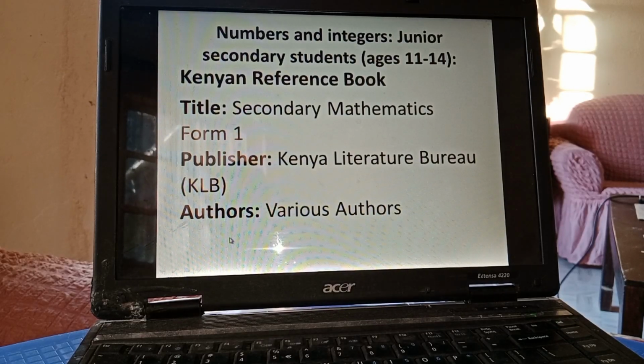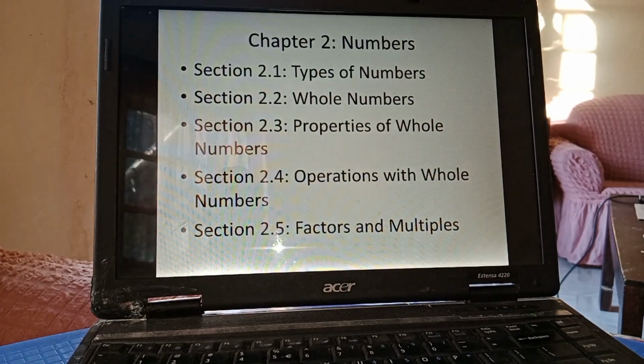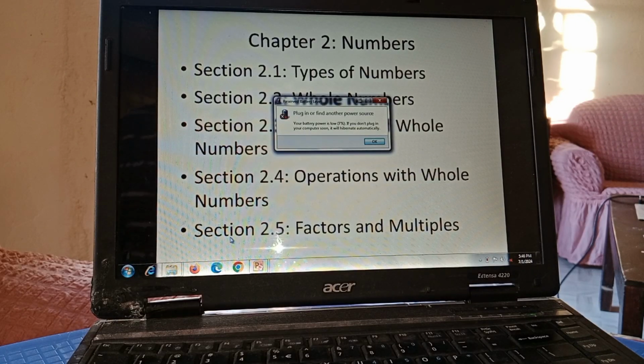There are several people who have contributed to it. We are actually interested in chapter 2, numbers. All right?